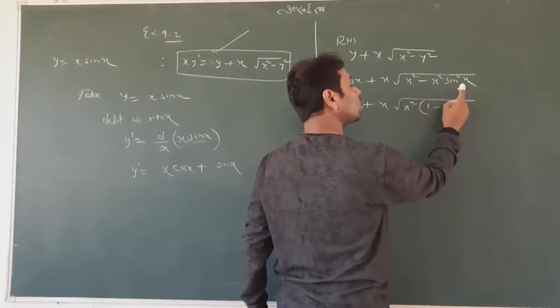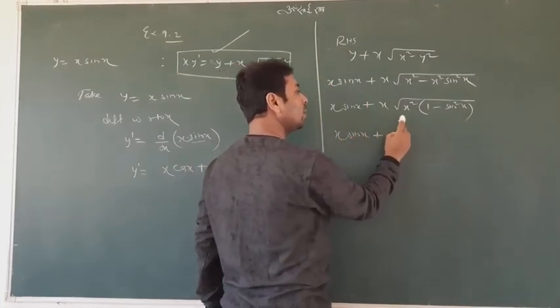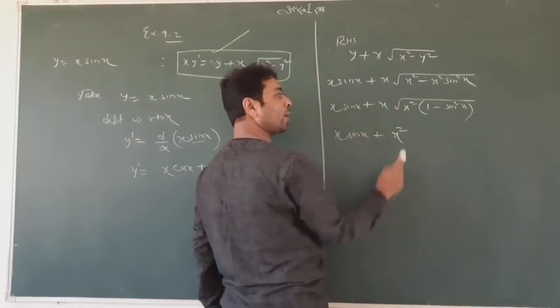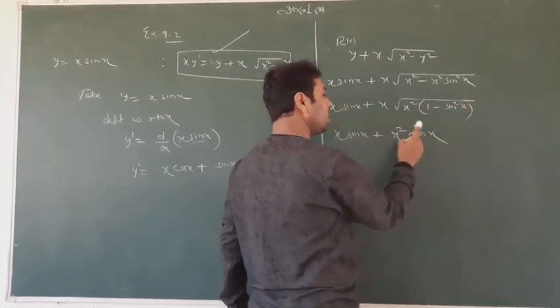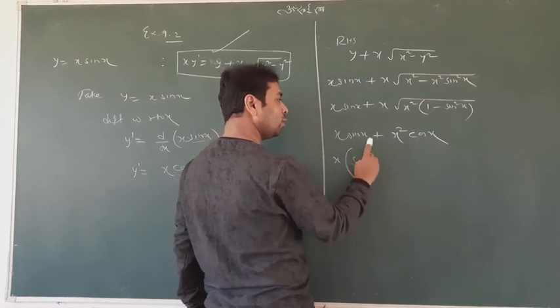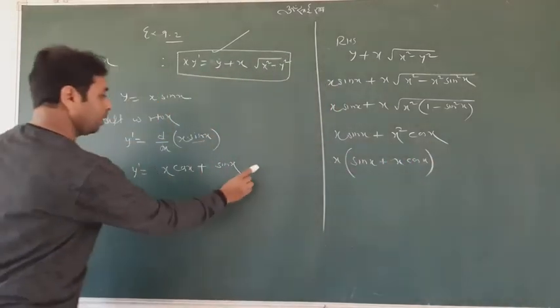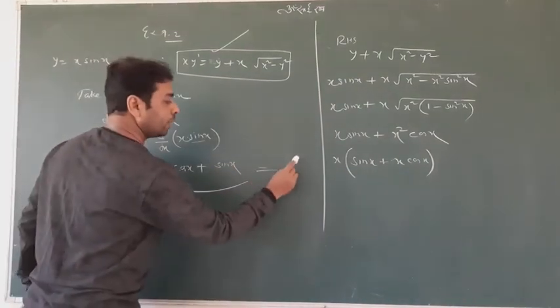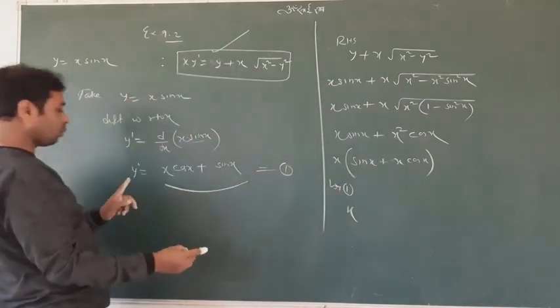So 1 minus sin square x. It is x sin x plus x into x square, and 1 minus sin square x will be cos square x, which gives cos x. Can you take out x common? So it is only sin x plus x cos x. Hope it is the same as this one. So we can understand that it is none else but y dash.